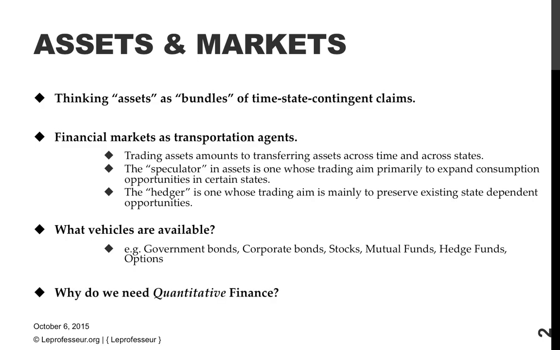Now an important question comes: why do we need quantitative finance? Think about an analogy. Let's say the guys who have studied physics, right? There is a world of Newtonian physics and there is a world of quantum physics. In the quantum physics world, we deal with very tiny dimensions, very small scale, and in the Newtonian world we deal at a bigger scale.